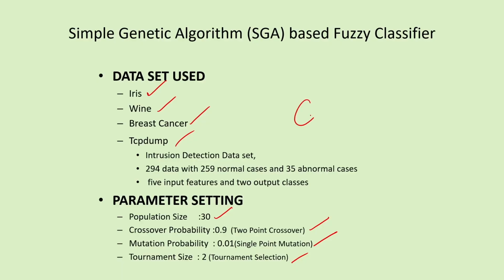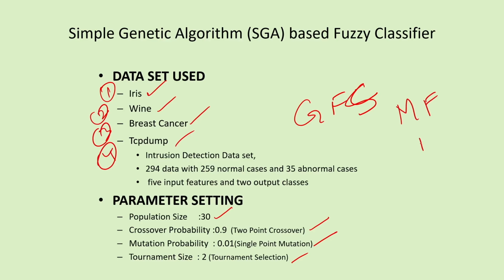Right now, please understand the concept of designing the fuzzy classifier model using genetic algorithm, that is GFS, genetic fuzzy classification system, which has been illustrated using iris data, wine data, breast cancer data, and KDD Cup data. So what is the objective? Our objective is to obtain the membership function as well as the rule set. Initially we have only the data. The output is the membership function and rule sets.